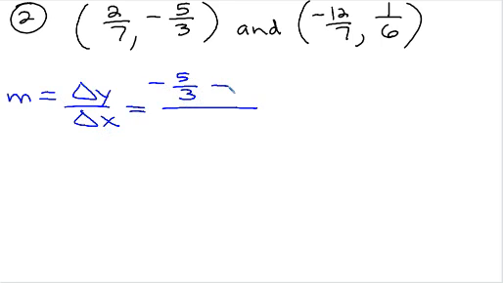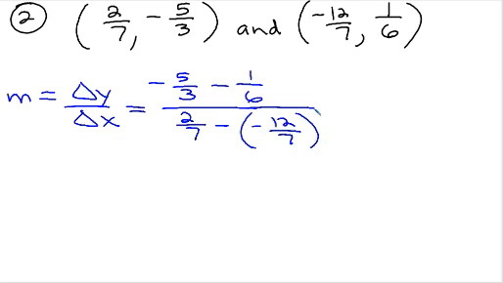-5/3 minus 1/6 is on top. And on bottom, I have 2/7 minus a -12/7. Well, we'll do the easy part first. The bottom already has a common denominator, so I just add those two, and I get 14/7 on the bottom.